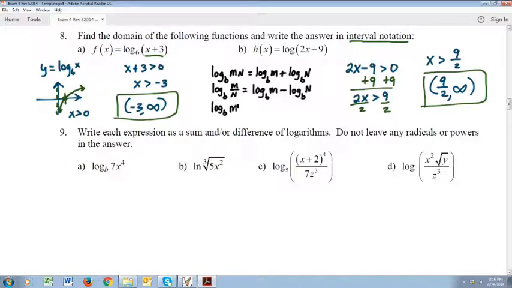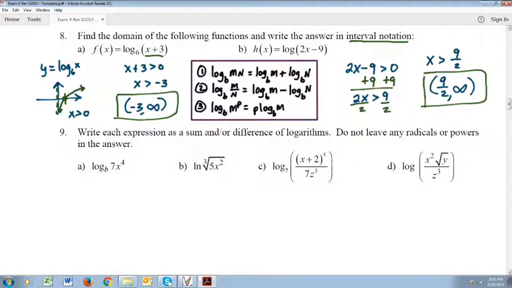The first one is the product rule, where the log of a product, m times n, is equal to a sum of logs. On number 2, you have the log of a quotient is equal to a difference of logs. And then finally 3, the log of some m to some power can be rewritten by putting the power first times the log of m. So we have the product rule, the quotient rule, and the power rule.